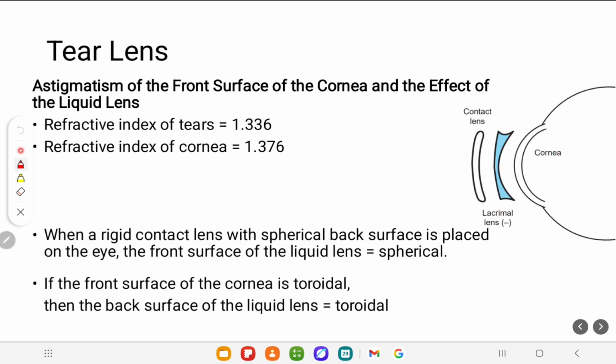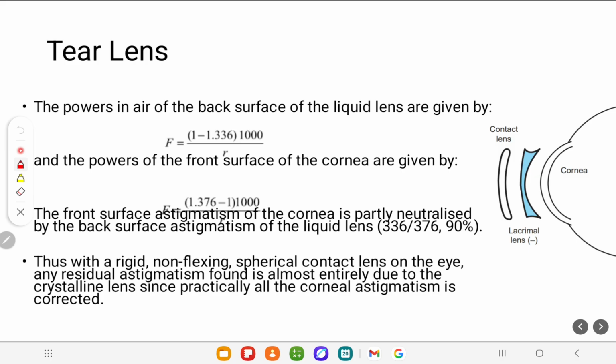So basically, the tear lens is the effect of the liquid lens on the astigmatism of the front surface of the cornea. What the tear lens does is reduce the astigmatism of the front surface of the cornea. That's the concept. So see, power of air on the back surface of the liquid. We always consider there is a thin layer of air between the front cornea and the tear lens, and between the tear lens and the surface of the contact lens.